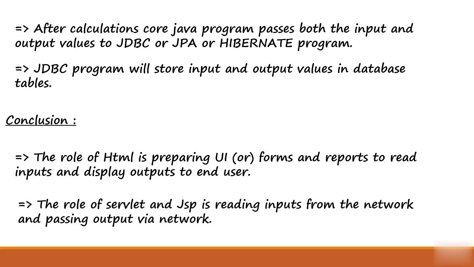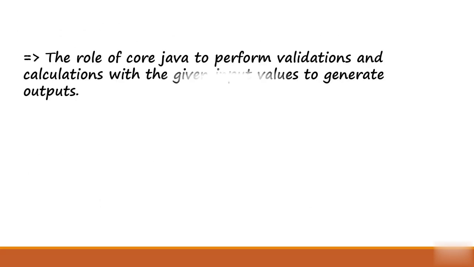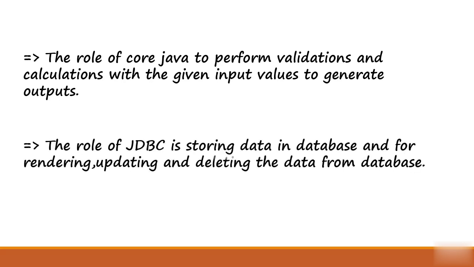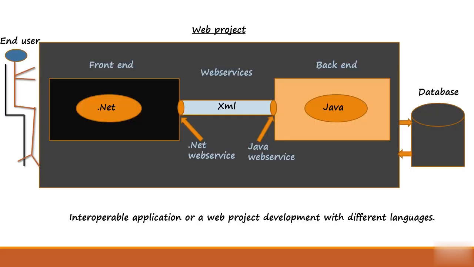The role of servlet and JSP is reading inputs from the network and passing output via the network. The role of core Java is to perform validations and calculations with the given input values to generate outputs. The role of JDBC is storing data in the database and for retrieving, updating and deleting the data from the database.